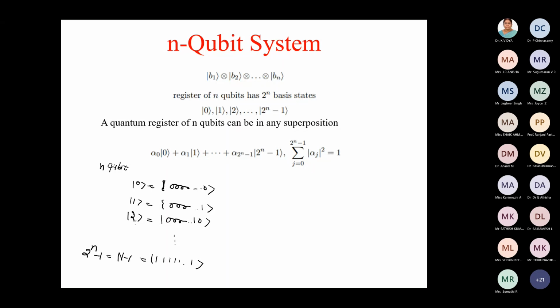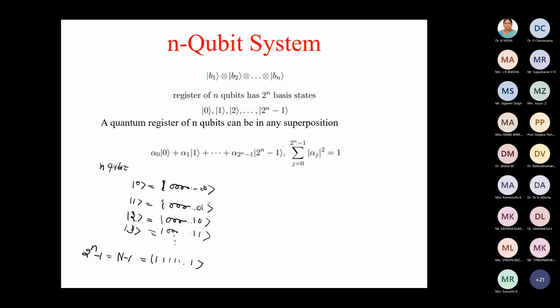Are you getting this? If you remember, in a 2 qubit system, how many states were there? 4 basis states. And what were those? Do you remember? In the 2 qubit system, 0 0, 0 1, 1 0 and 1 1 were the 4 basis states.